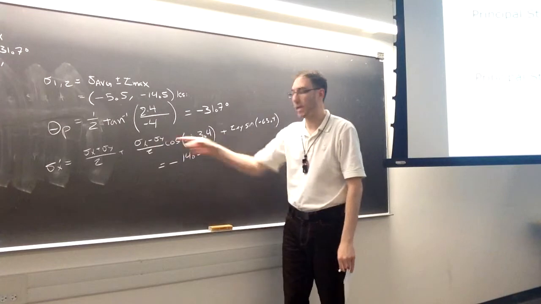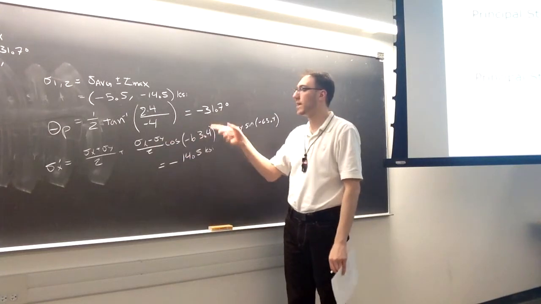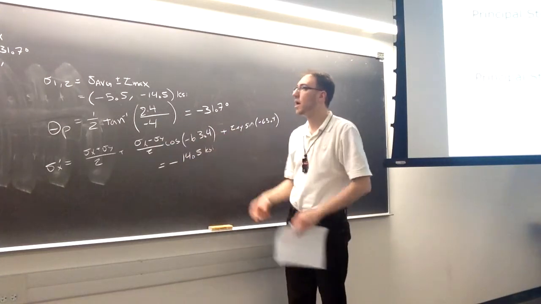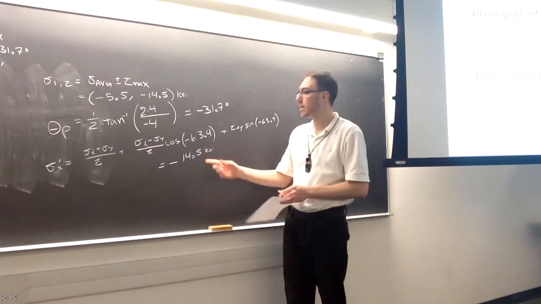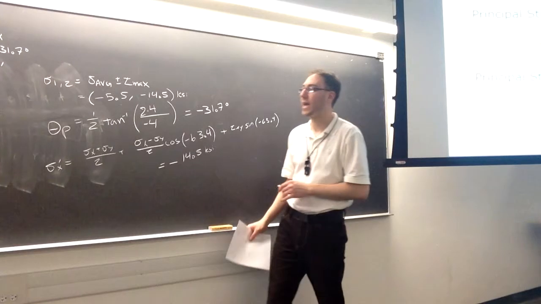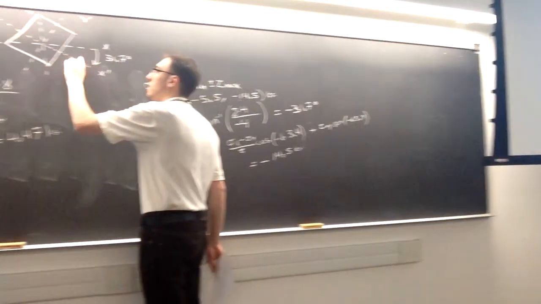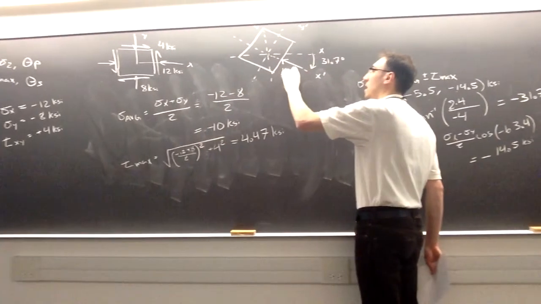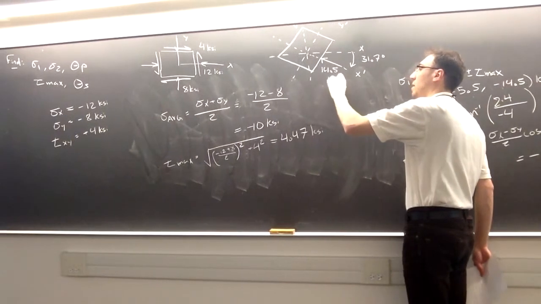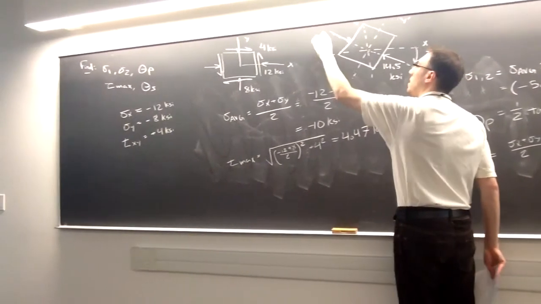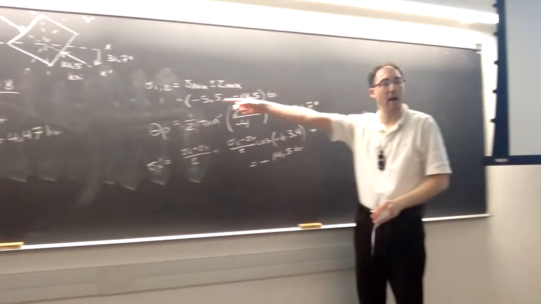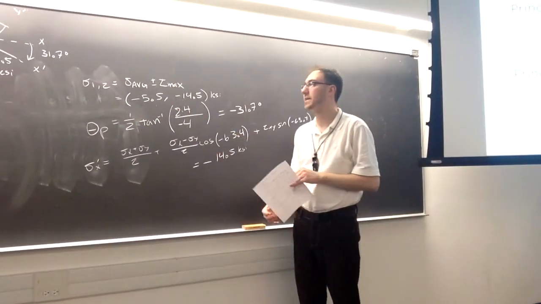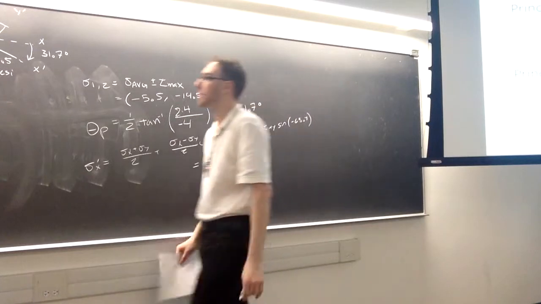If we put in our original values and rotate into the principal stress position, our x prime face has sigma 2 acting on it, the compressive 14.5 KSI. Which means we don't have to do the rotation for y prime, because it will have sigma 1 acting on it, negative 5.5.